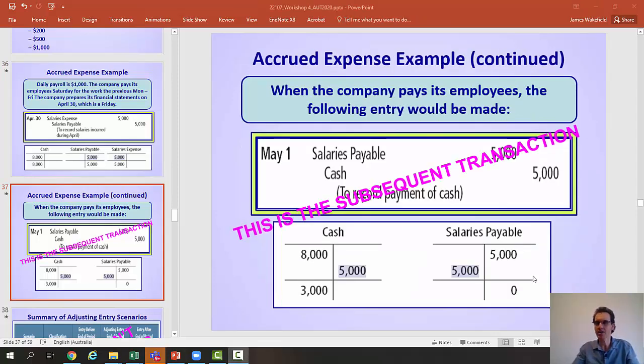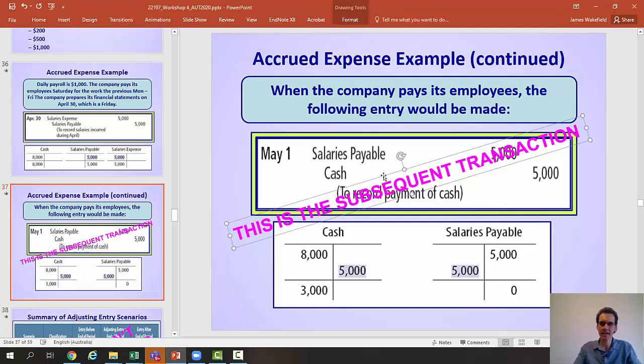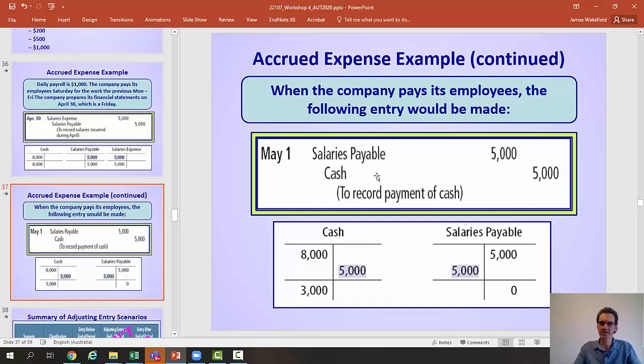Now, when employees are actually paid, what happens in that case? Well, this is the subsequent transaction that follows. So on May 1, the Saturday when employees are owed their salaries, we pay them their salaries payable. So we reduce salaries payable by debiting the account. And of course, we recognize the cash we're using up to pay those salaries.